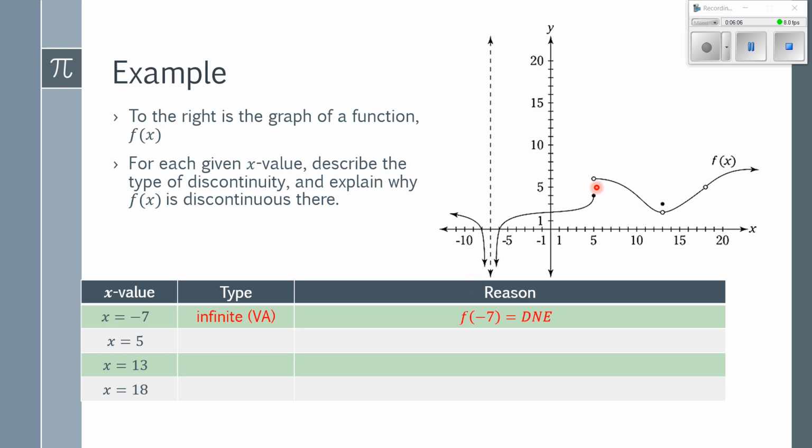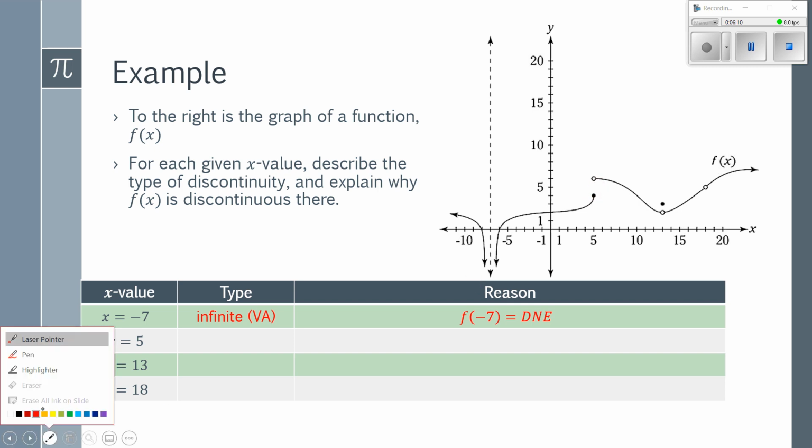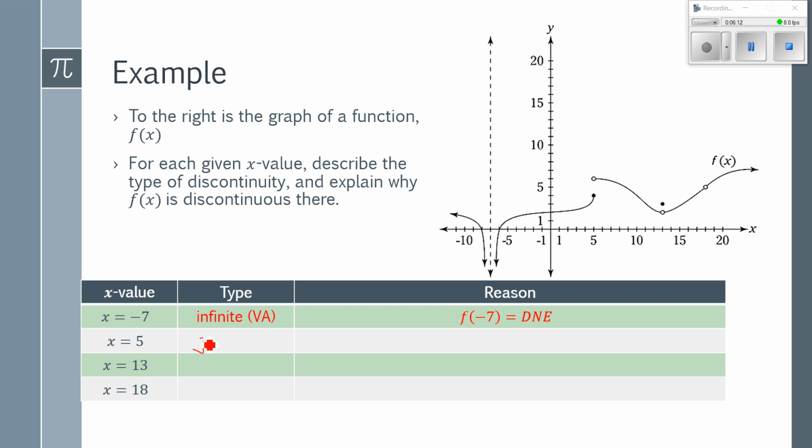At x equals 5, there's a jump discontinuity. And if I'm asked for the reason, I can say, well, the left-hand limit as x approaches 5 from the left for this function f of x is equal to 4.